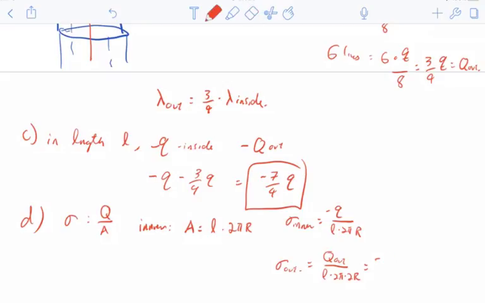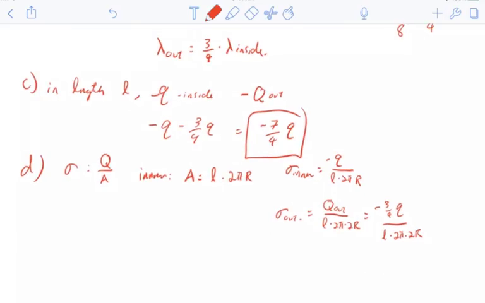Minus 3 over 4q over L times 2 pi times 2r. And then it wants the ratio inner surface divided by outer surface.